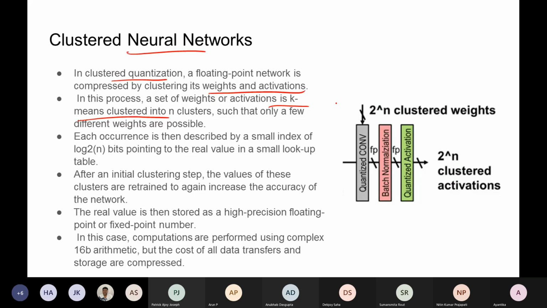We are applying some clustering technique on our weights, and then we are forming our cluster neural network, where with the cluster weight sharing concept, we are reducing memory fetch time and related energy, and also reducing in terms of computation.